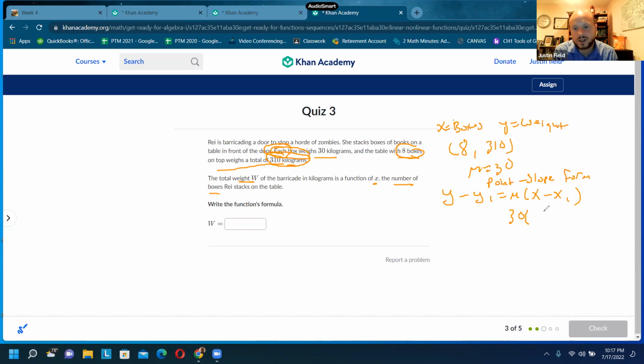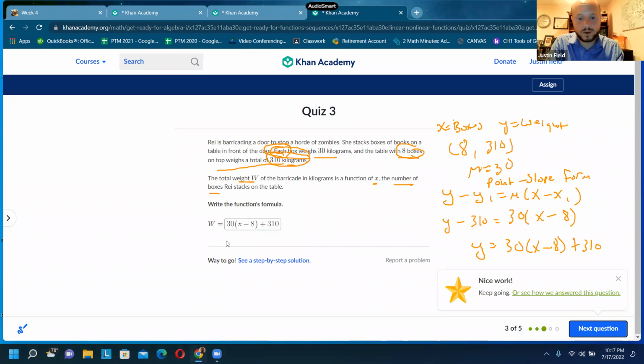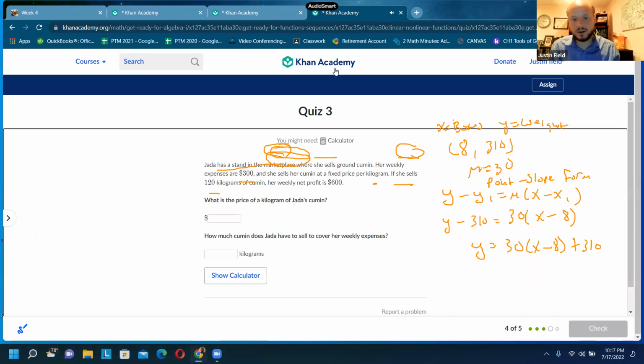So 30 goes in for the slope, 8 is going in for x1, and 310 is going in for y1. Then we just get 310 over on the other side. And let's see if I can get away with not distributing. I don't think I should have to distribute, but you can distribute, and then you get it into slope-intercept form. But I don't have to.